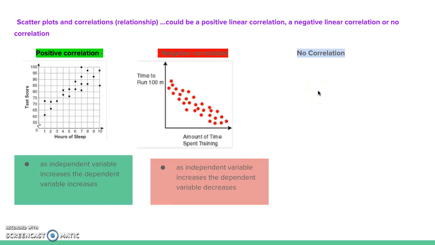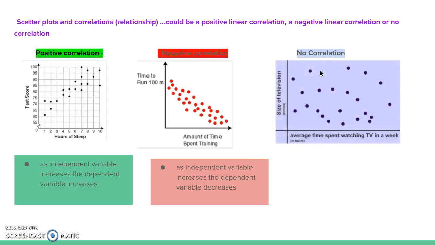Well, what are two variables that would have no relationship at all? That would be something with no correlation. Notice there is no relationship between these two sets of data. The average time you spend watching TV in a week has nothing to do with the size of your television. So there's no correlation between these two variables.